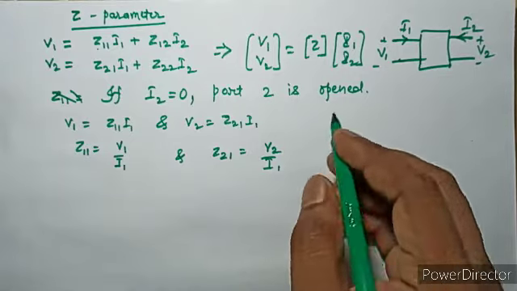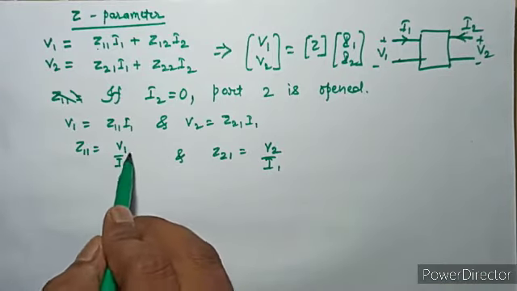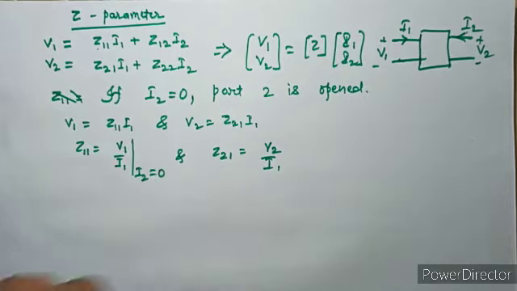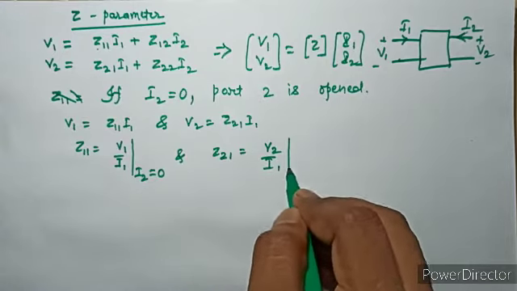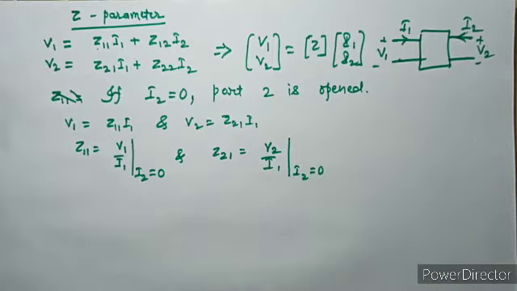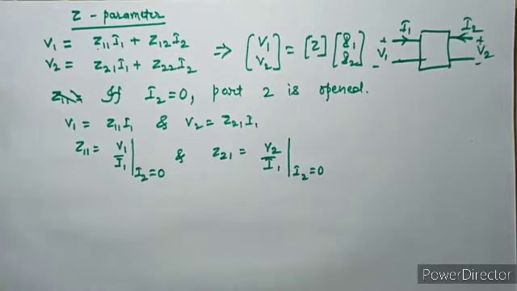Right. Now see how this Z11 came as V1 by I1 when I2 was 0. And how Z21 is equal to V2 by I1 came when I2 is equal to 0, means open circuited. So these parameters are also called open circuited parameters, right?